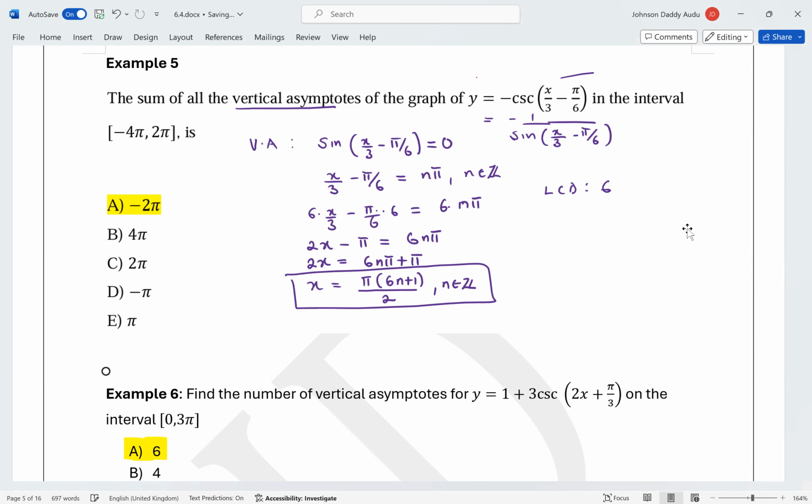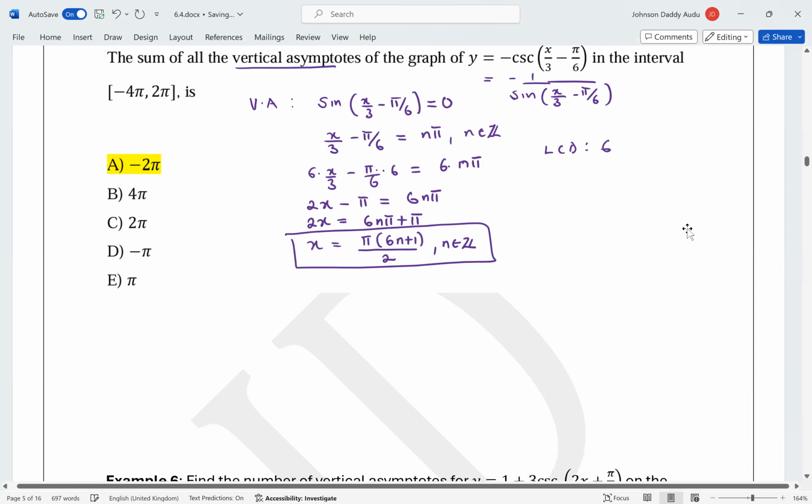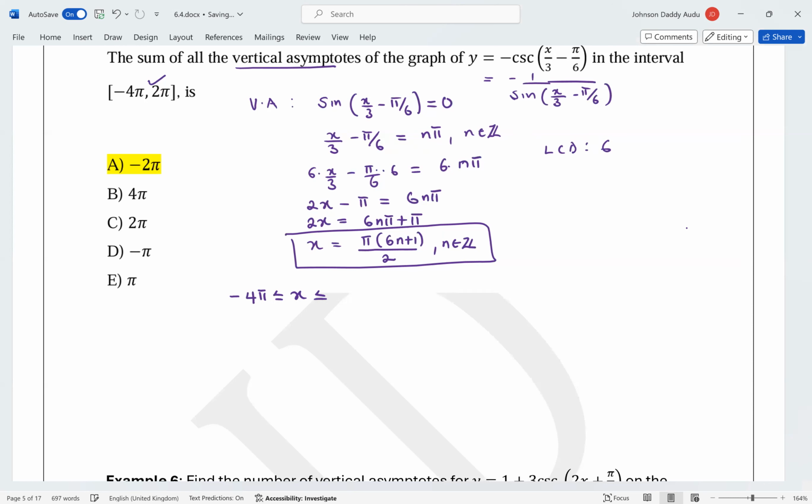But here, specifically, we are told that we need only the vertical asymptotes that are between which interval? These two, minus 4 pi and 2 pi. So how do we solve this one? We need x to be between minus 4 pi and 2 pi. We already know what x is. x is pi times 6n plus 1, all over 2, less than or equal to 2 pi.